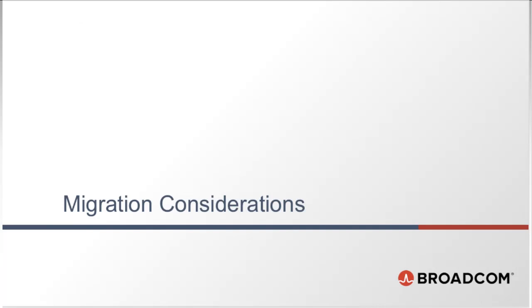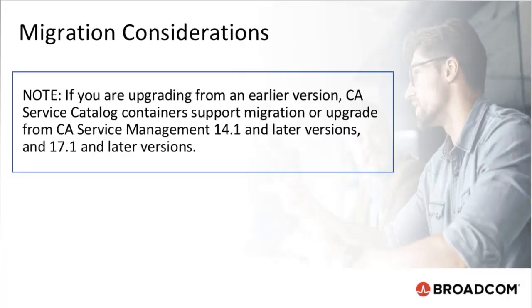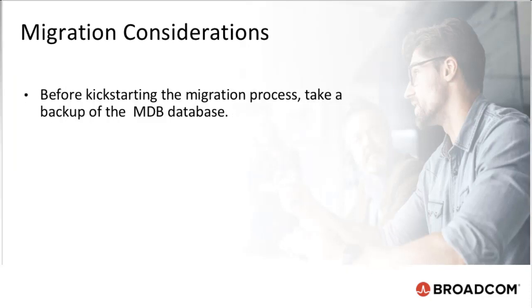Coming to migration considerations, if you are upgrading from an earlier version. CA Service Catalog containers support migration or upgrade from CA Service Management 14.1 and later versions, and 17.1 and later versions. Before kickstarting the migration process, take a backup of the MDB database.